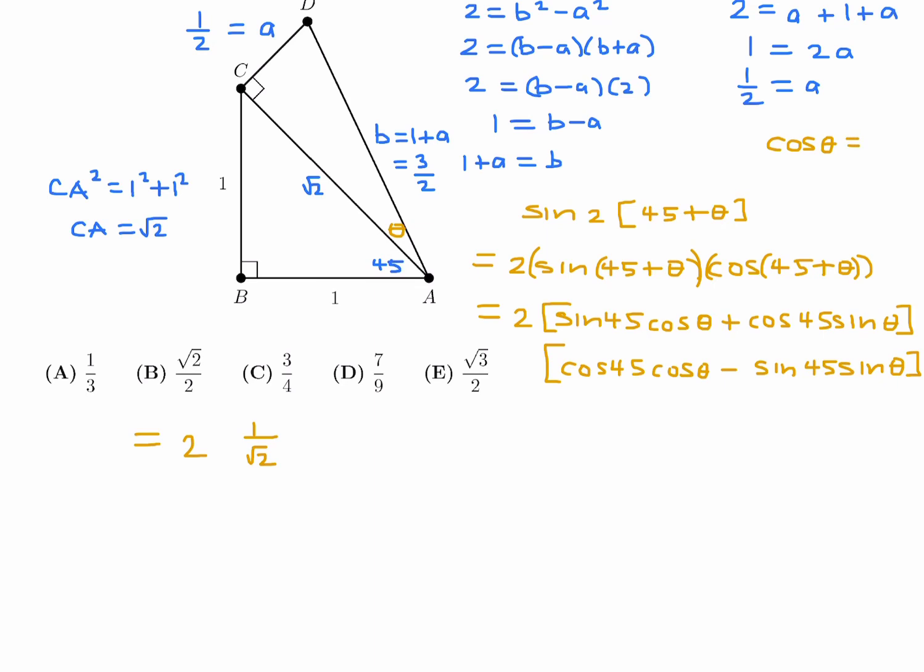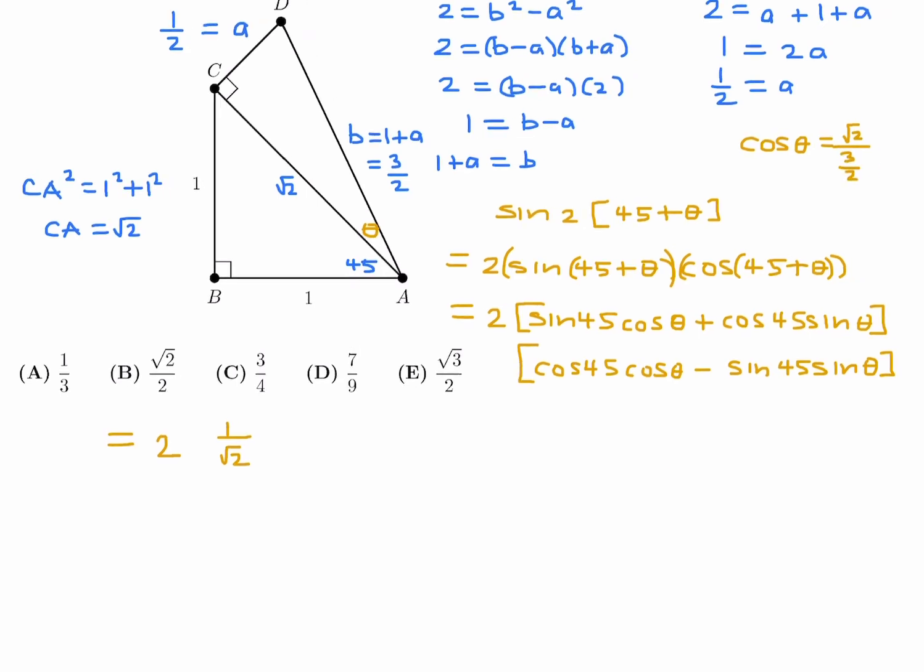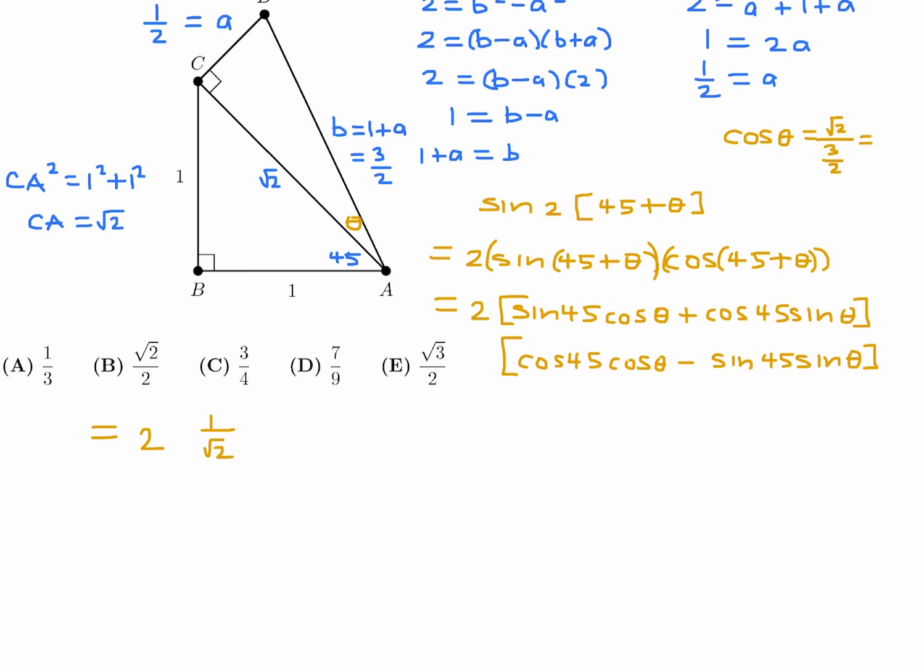Cos of theta is going to be root 2 over 3 over 2, which is going to be the same as 2 root 2 over 3, and I'll put in the sine of theta. Sine of theta is going to be a half over 3 over 2, and that is 1/3. Okay, so that makes it a little bit quicker.